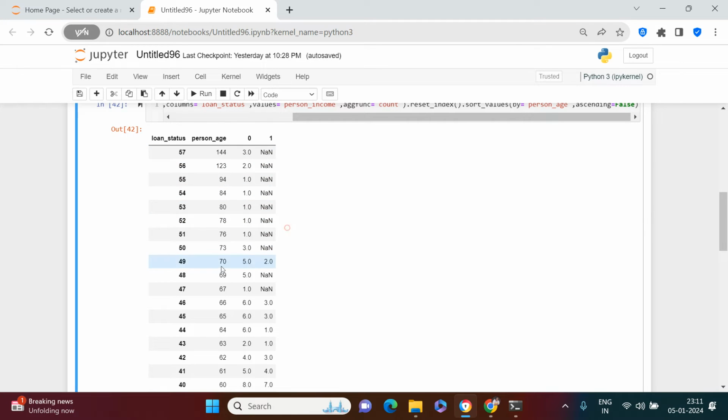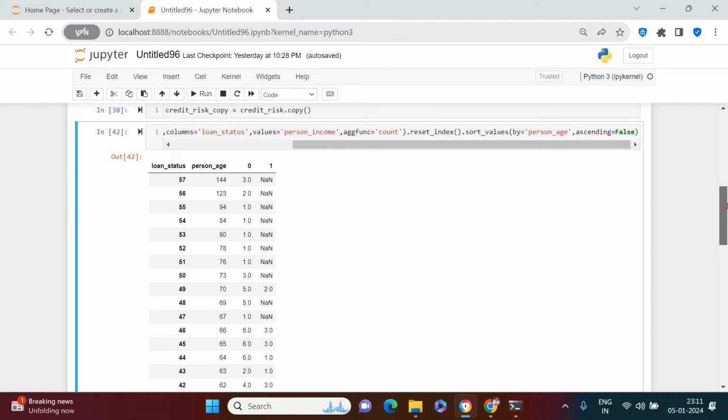So what I'm going to do is take a call while building this model: whoever is greater than 70 years old, I'm going to delete that data. What do you think? Is that a good idea? I think that's a call I would need to take. In my model, I'm not going to consider any data point where the age is greater than 70 years. I would not like to provide any loan on that. That's simple, right?